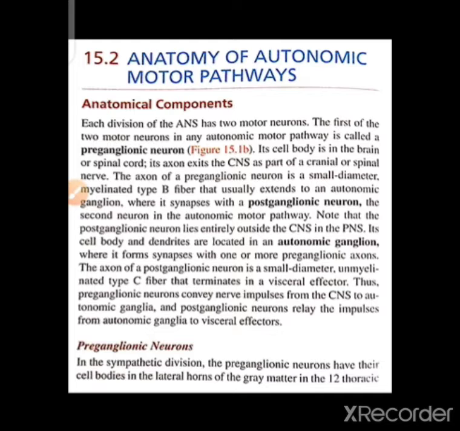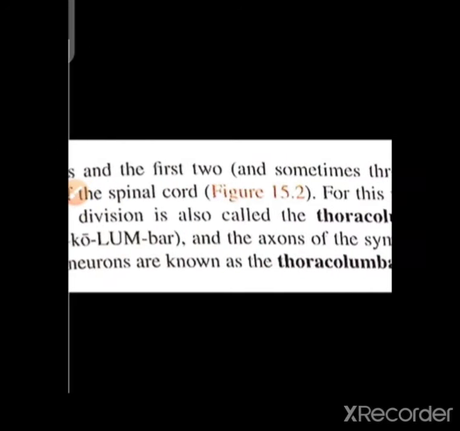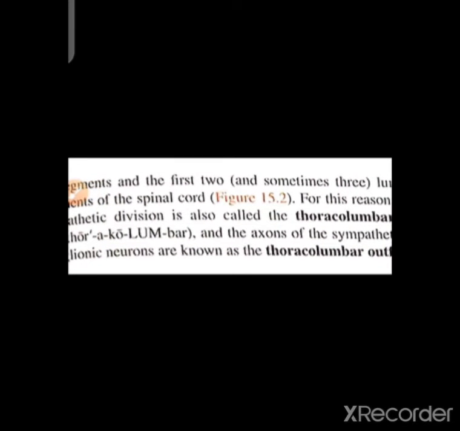Now, the preganglionic neurons in the sympathetic division have their cell bodies in the lateral horns of gray matter in the 12 thoracic segments and the first two lumbar segments, sometimes also the third lumbar level.